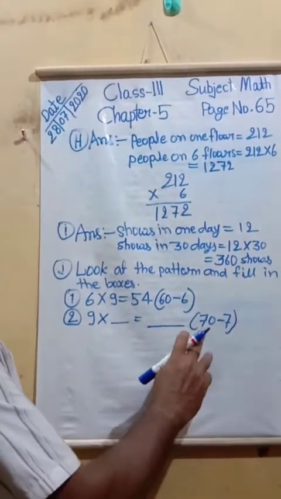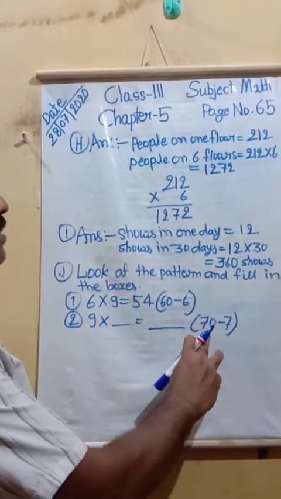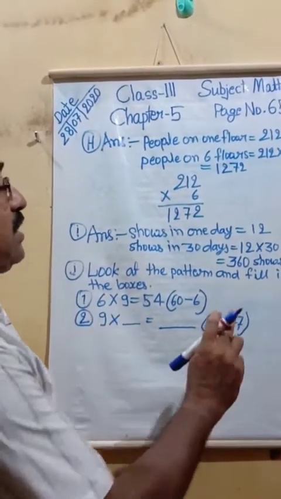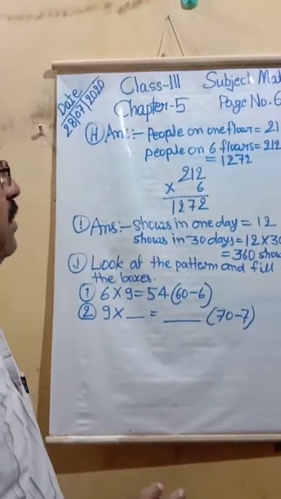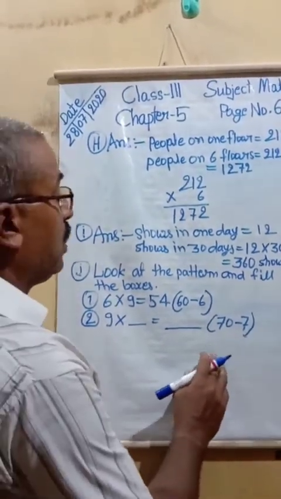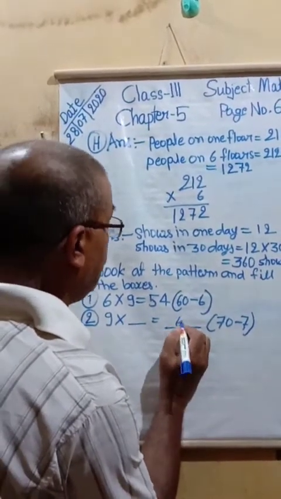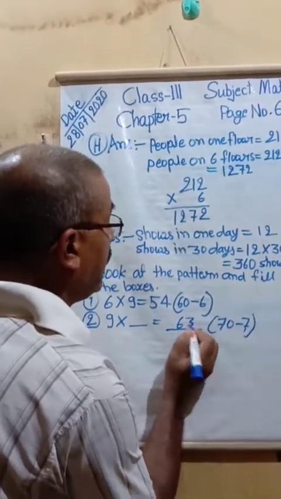Firstly, here is given 70 minus 7. We have to subtract 7 from 70. Then here will be 63.